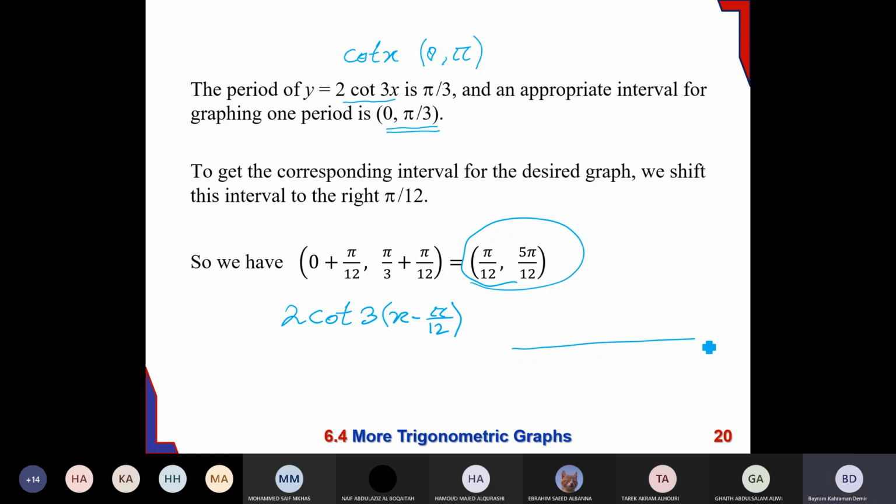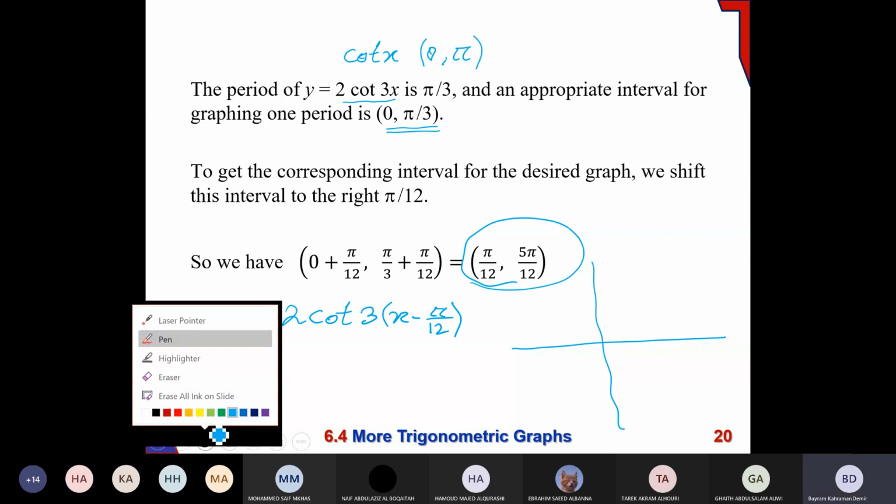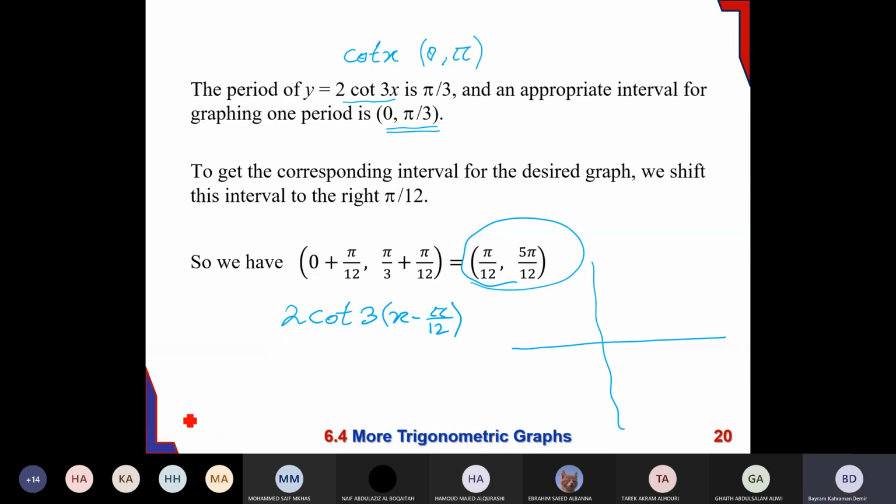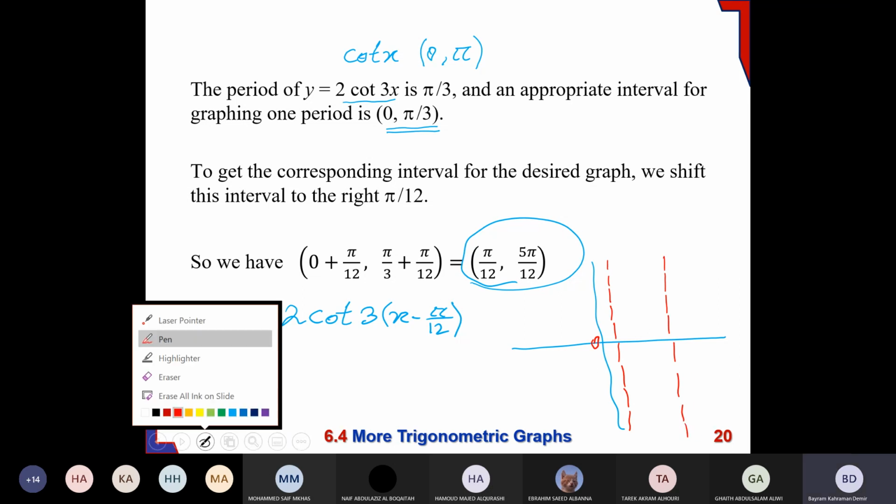If you like, I can just sketch it here for you. All right, where is 5 pi over 12? Of course, pi over 12 is very close to 0 here, and 5 pi over 12 is here. Let me use a different color.